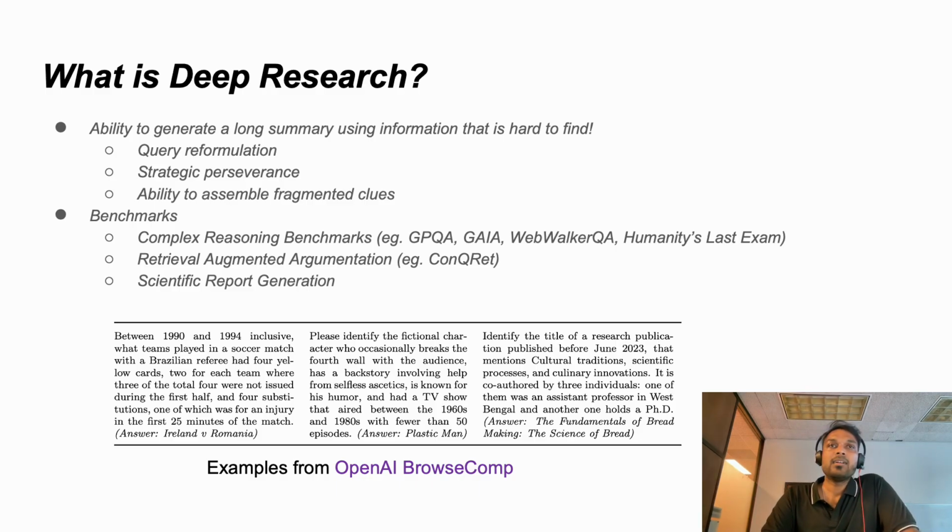And more importantly, especially for deep research, report generation is the ability to assemble these fragmented clues together and generate a very coherent report. In the subsequent slides, we'll focus more on the retrieval side, or how these documents are collected. And if there is time, we'll also cover the generation side of it.